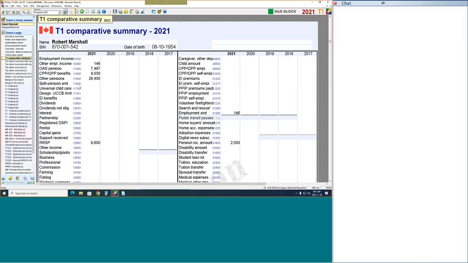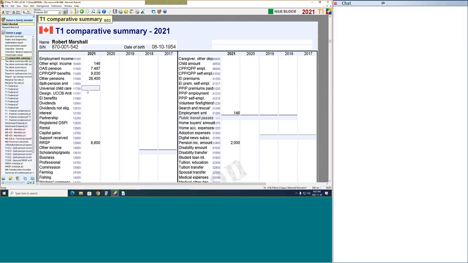And then you might have a year where they have a different source of income or there's been a sudden change in their income. You're also going to see a sudden change in their split pension. So this is a good way to see the history of what's happened. And then if it's different, even if it's not different, but especially if it's different, you want to take a look at it and find out why it's different.